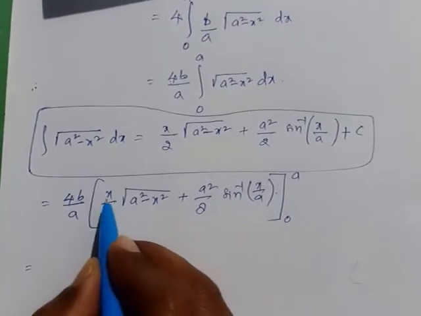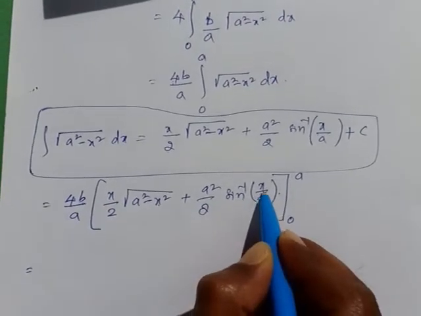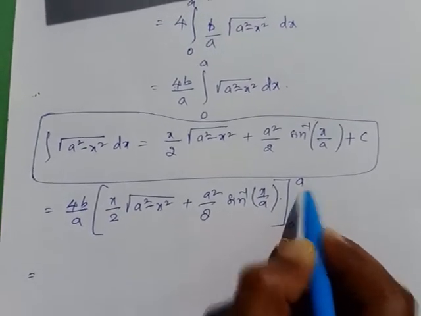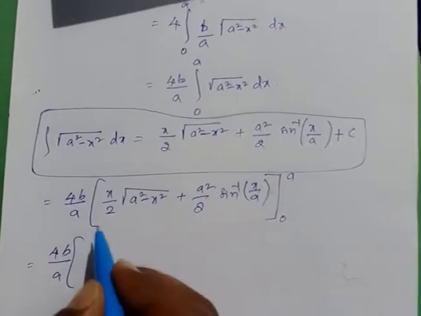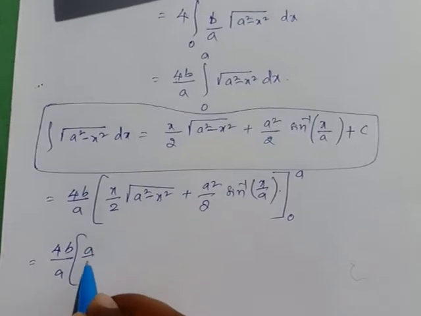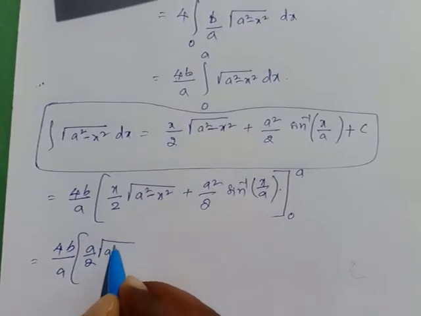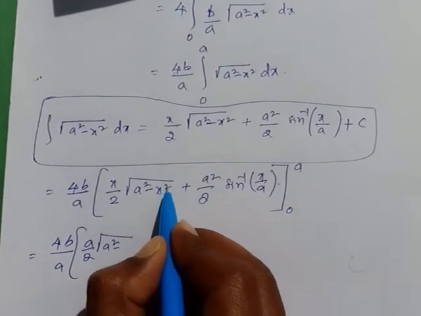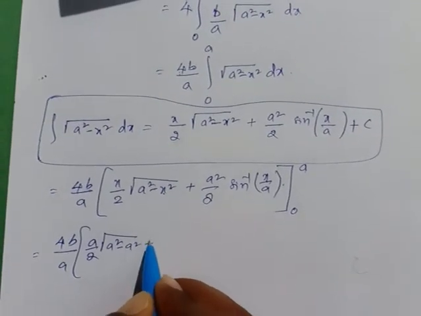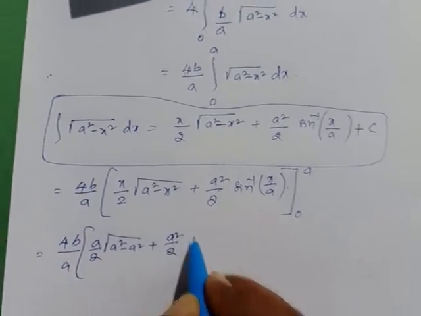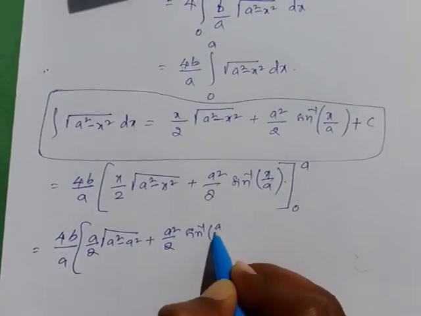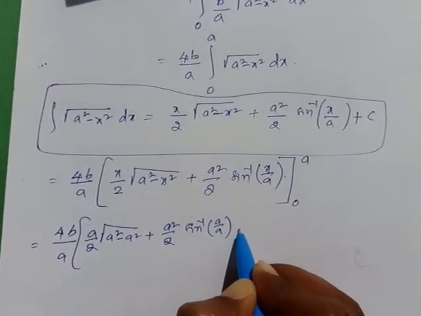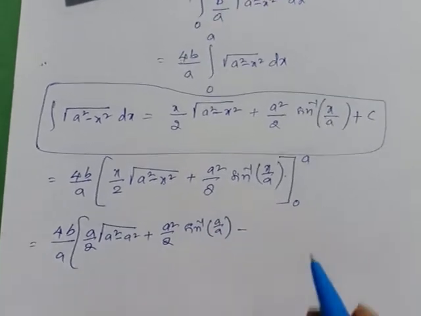Now substitute in the x place the upper limit value, that is a. 4b by a into a by 2 into under root a square minus x square, it is a square, plus a square by 2 sine inverse of a by a, minus the lower limit.